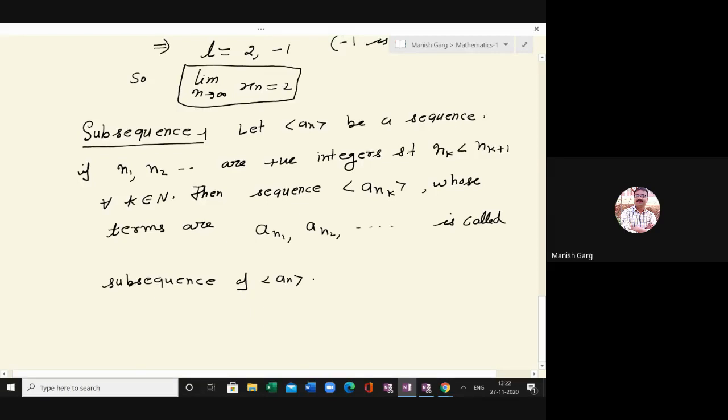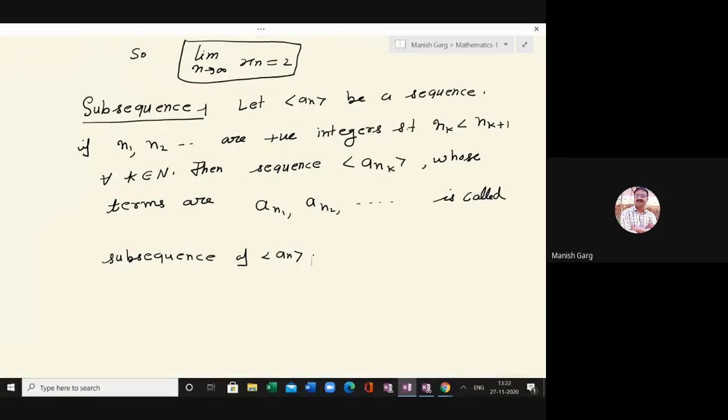First read the definition. a_n is a sequence, n_1, n_2, ... are positive integers in increasing order, n_k less than n_(k+1) for all k. Then a_(n_k), whose terms are a_(n_1), a_(n_2), and so on, is called the subsequence of a_n.